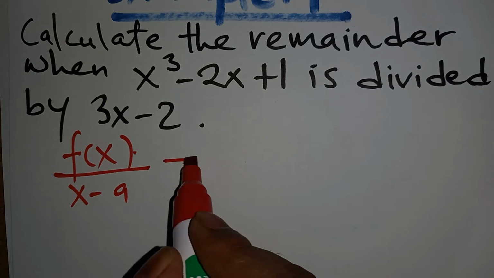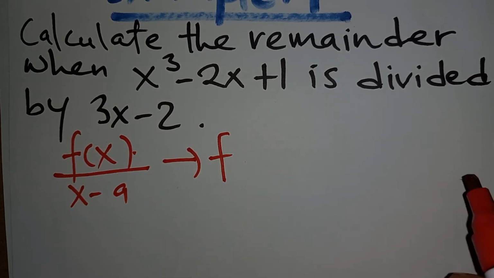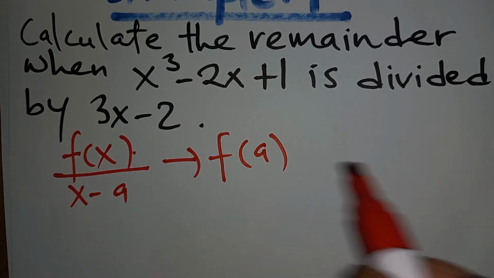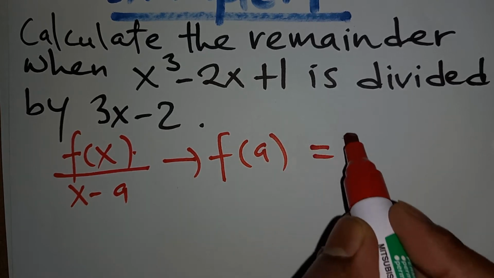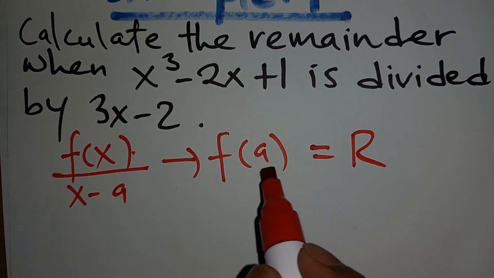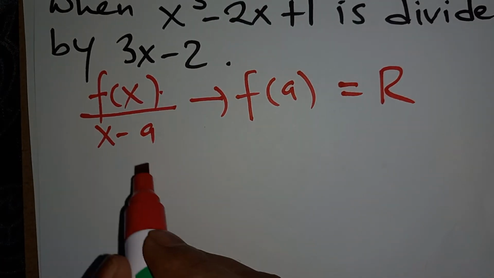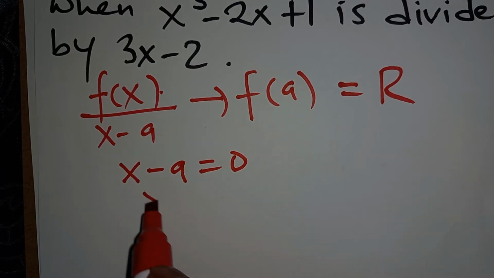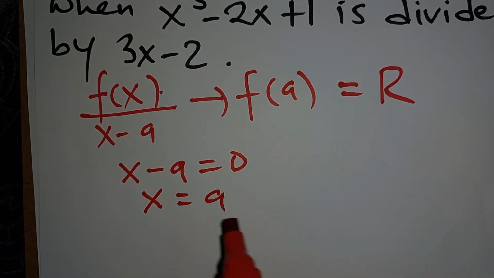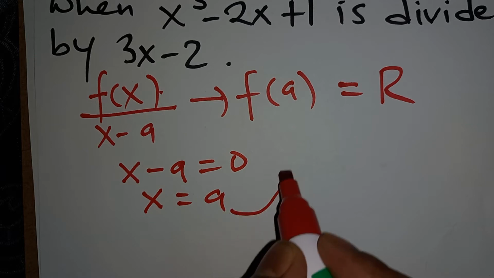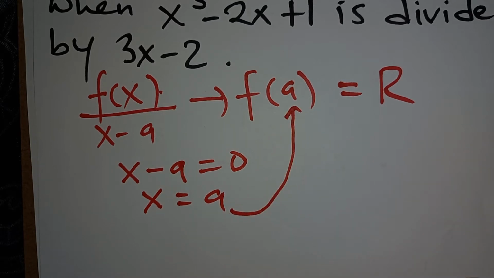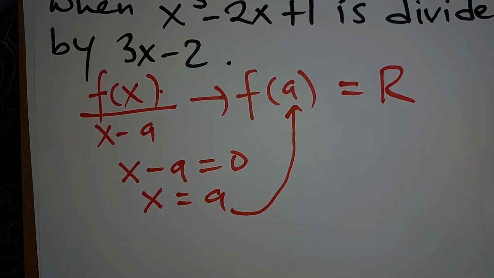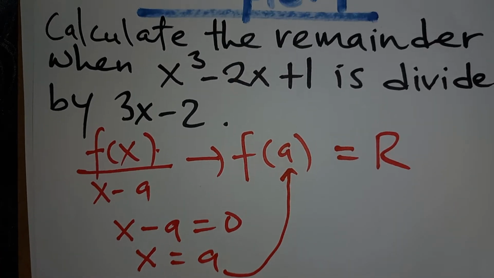Then when you substitute your value of a in the polynomial function, you will get your remainder. This a comes from setting x minus a equal to 0, then solving for x, so x is equal to a. Now this value of a, you put in the polynomial function, and whatever result you get is the remainder. So let's do this example.